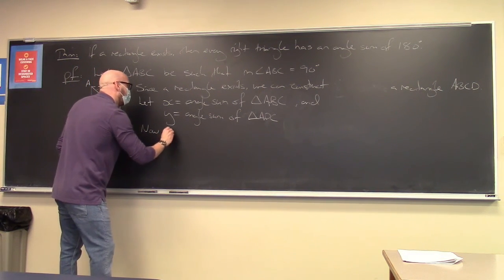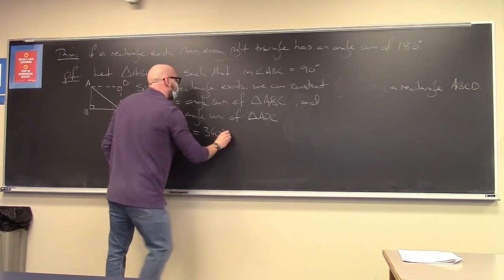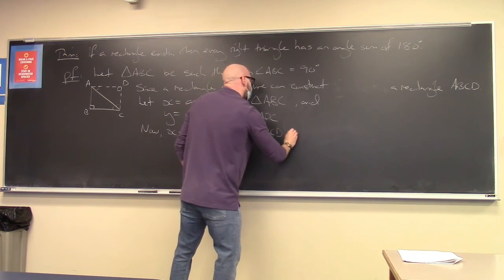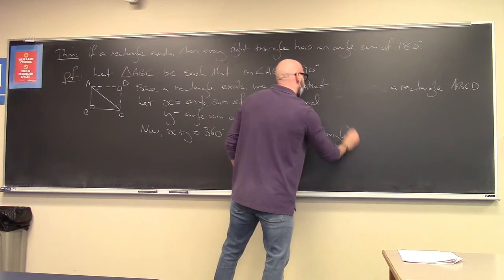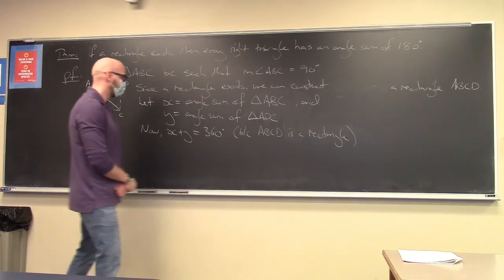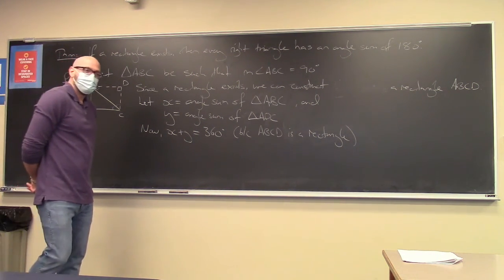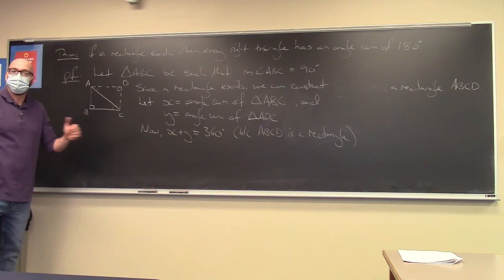Now, x plus y equals 360 degrees, and this is because ABCD is a rectangle. That's a really important observation because we know triangles can have angle sums less than 180, right?